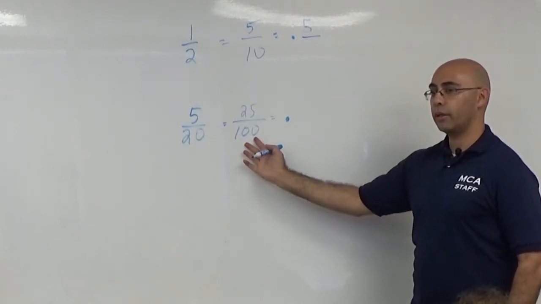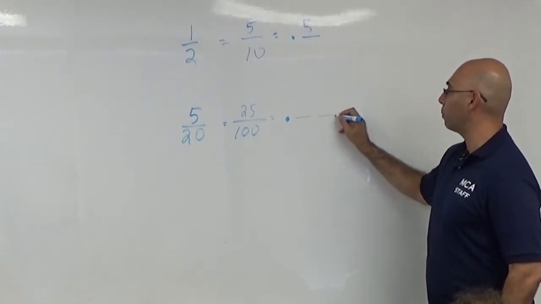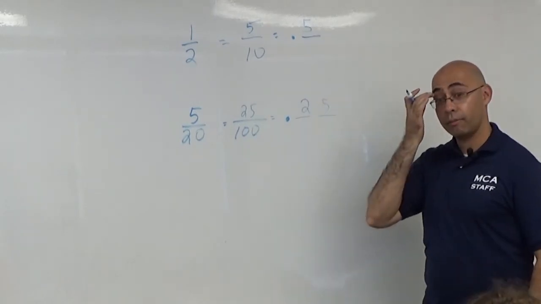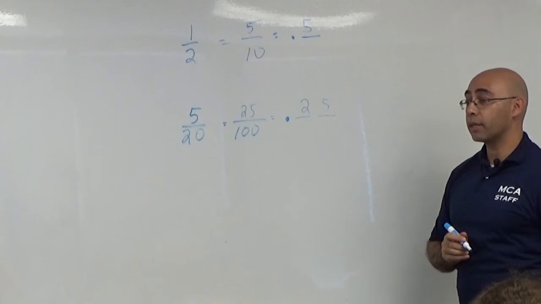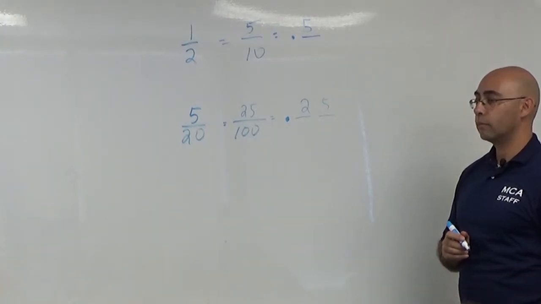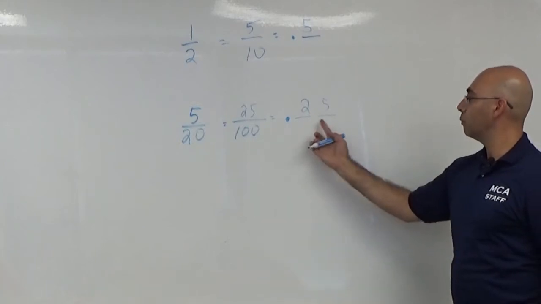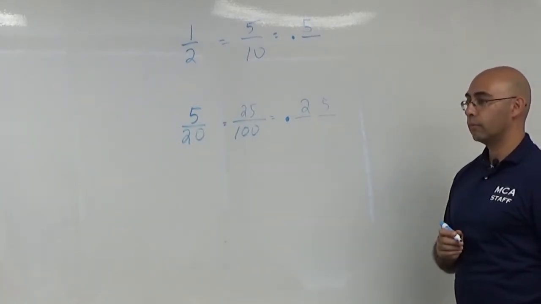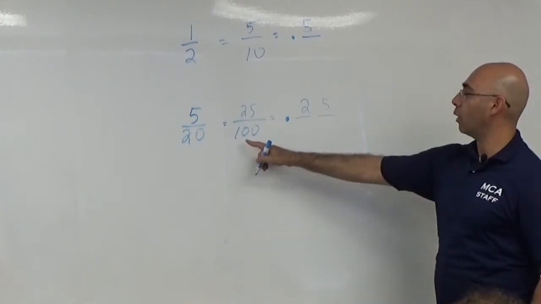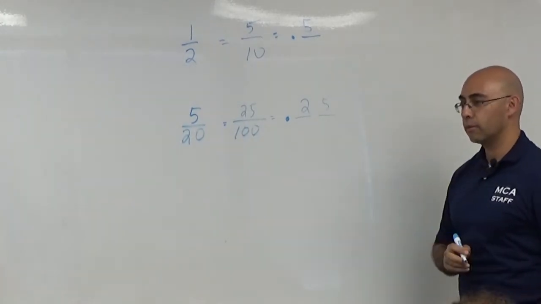Well, how many zeros are there? 2. 2 zeros, so I have 2 places, and I just fill it with a 2 and a 5. 0.25. So if you make it into a number that ends in a 0, it'll just be the top number. Well, it has to be like a 1 with a bunch of zeros.